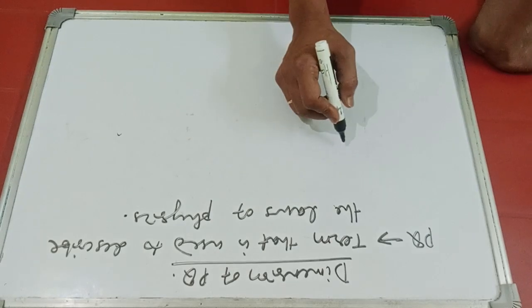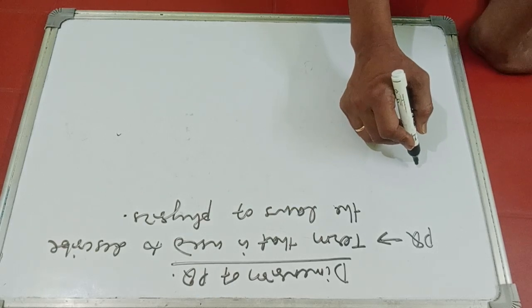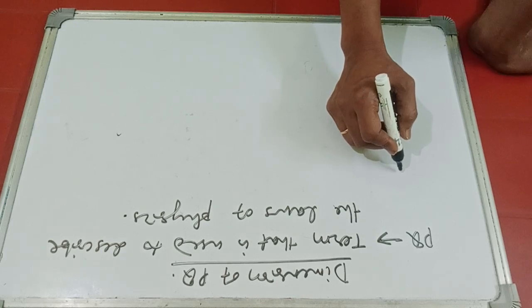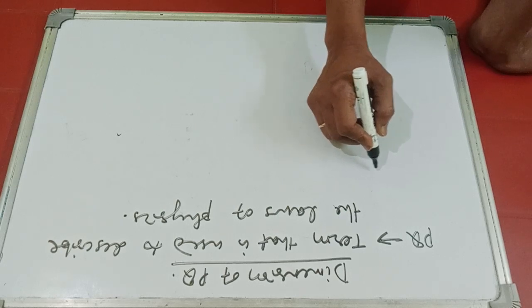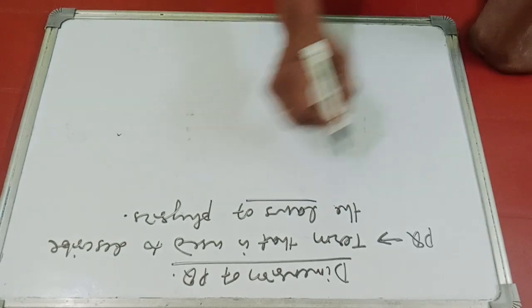That means when any event is happening in the world and after its keen observation, some rule or laws are formed.